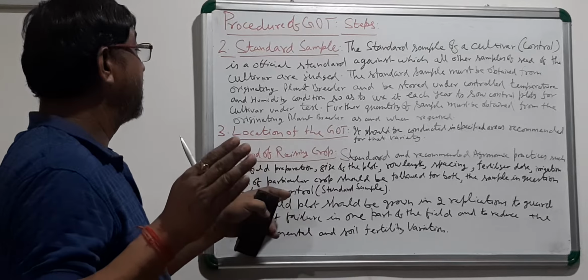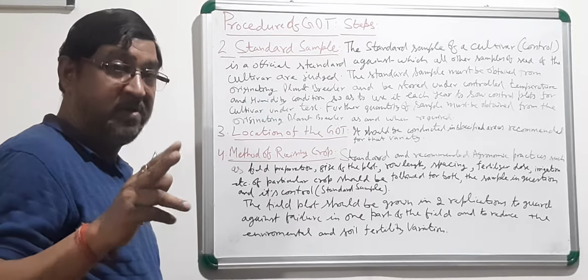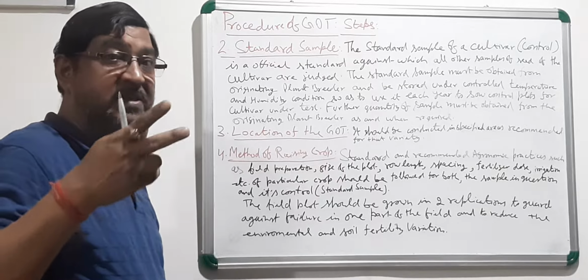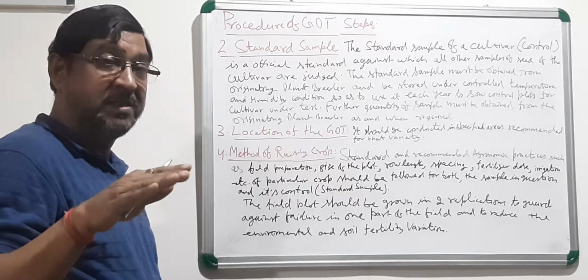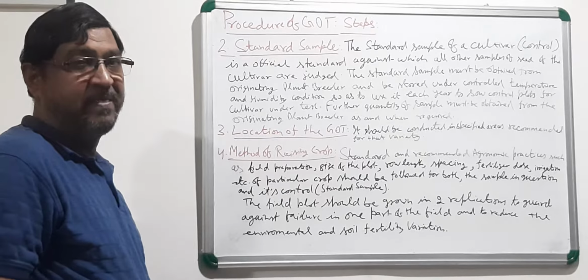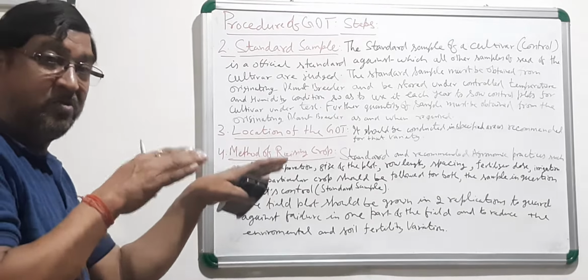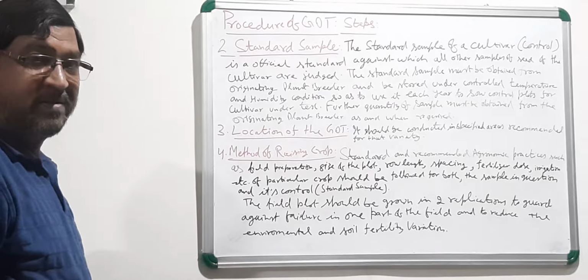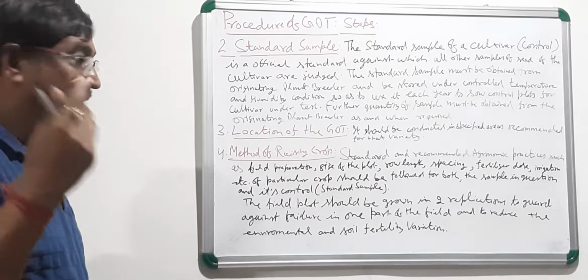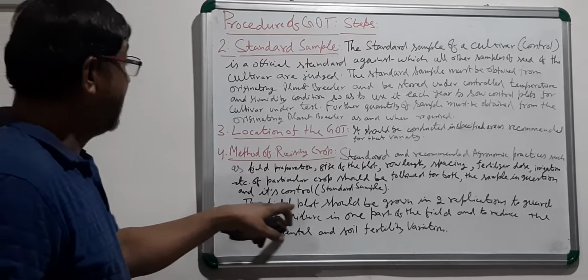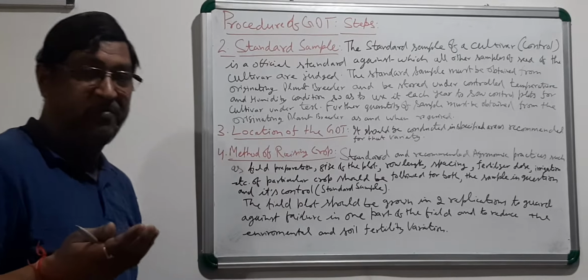Of course, you are growing the crop, the seed sample along with the standard, the control sample. Both have to be grown at the same time to compare. Compare your sample which you have taken with the standard sample, which is the control, which you have taken from the breeder. So the field plot should be grown in 2 replications, of course.